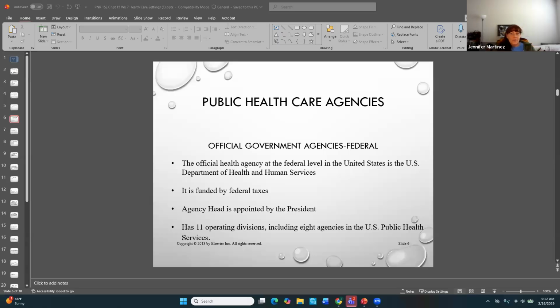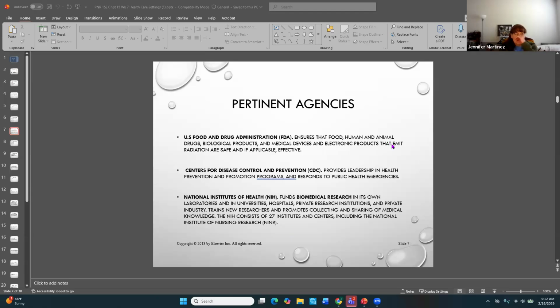It has 11 operating divisions, including 8 agencies in the U.S. Public Health Service. Some of those agencies are your U.S. Food and Drug Administration, or the FDA.